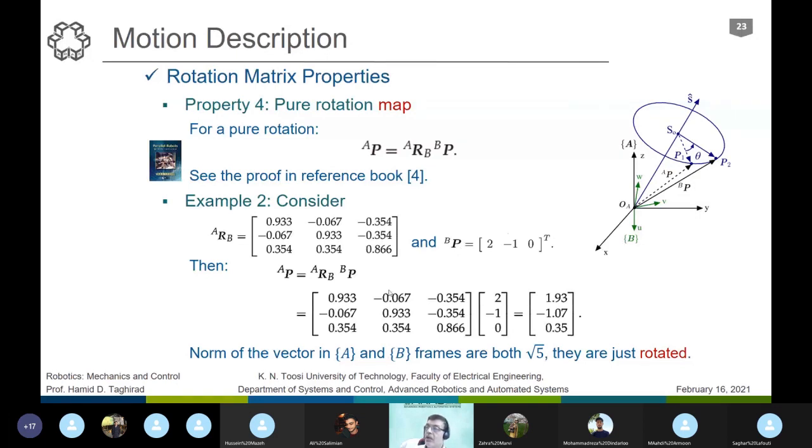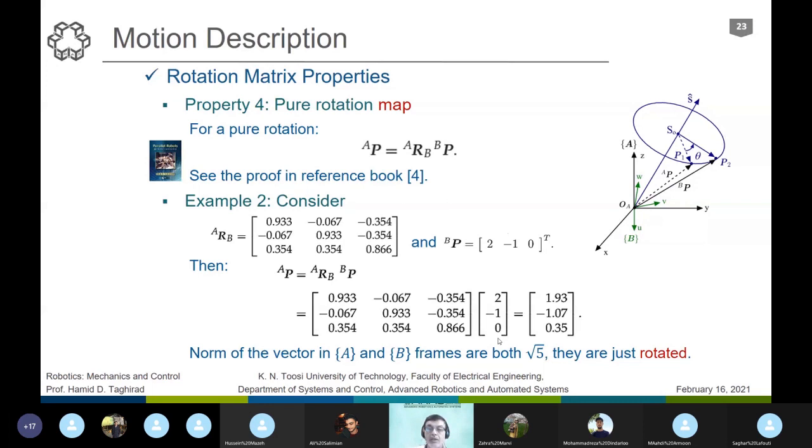This is 2, minus 1, 0. This goes to 1.93, 1.07, and this. All the components change, but it is very interesting to see that the norm of this vector is square root of 5, and the norm of this vector, just calculate it, is also square root of 5.